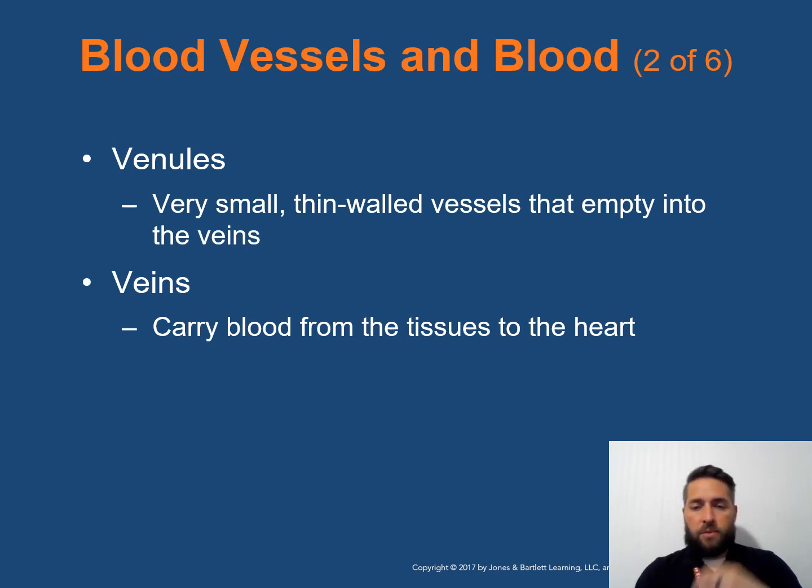As I said, venules are the smallest version of veins, very small with a very thin wall for the gases and nutrients to exchange. Then you have your veins, which are the larger vessels that go toward the heart. So arteries go away, veins go to the heart.